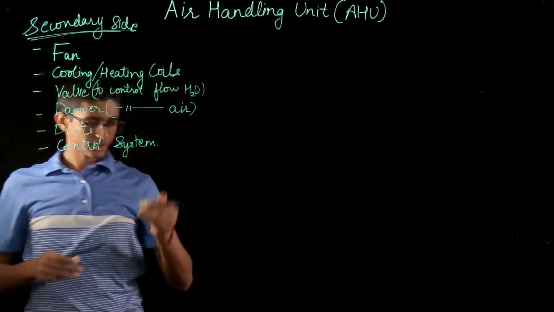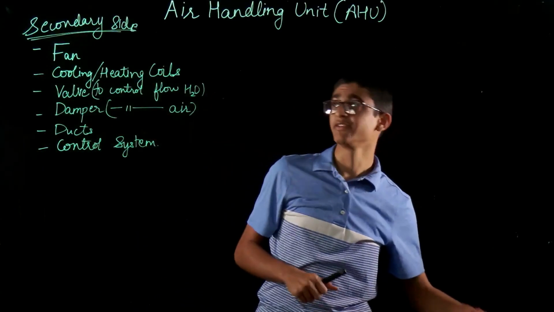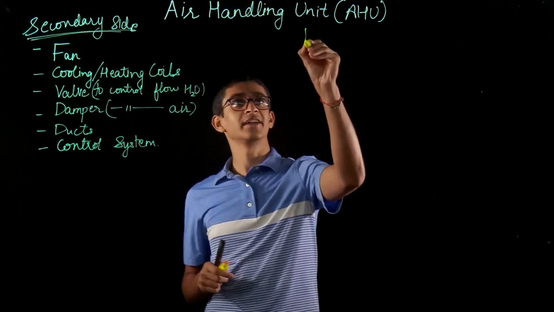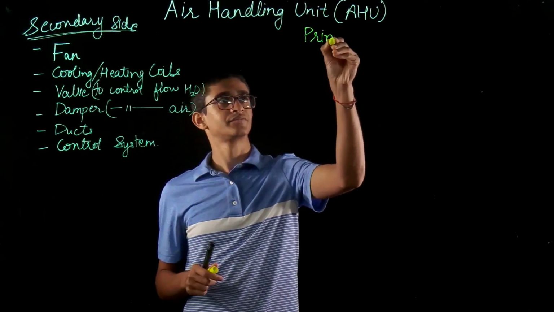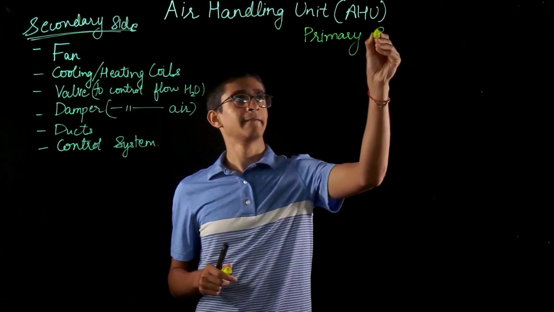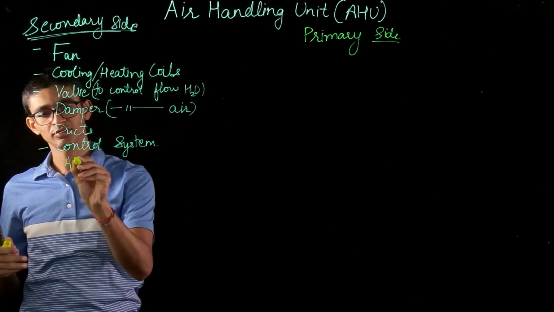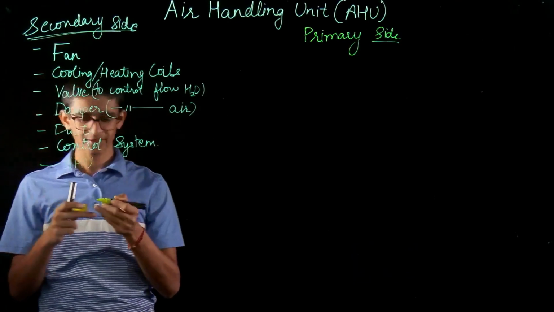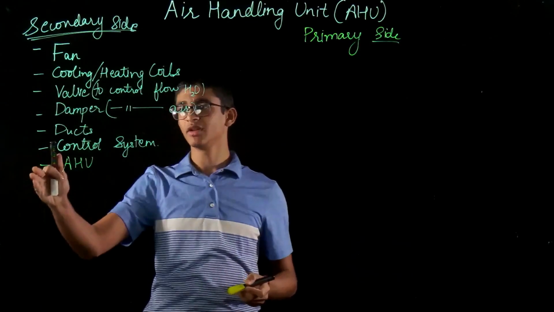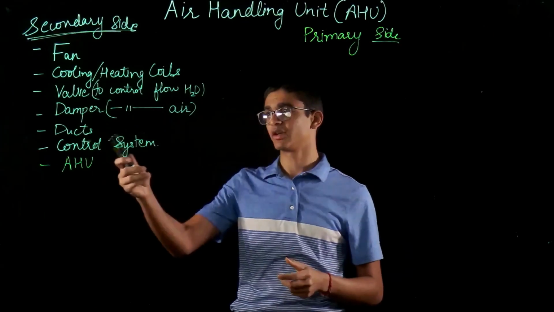So this is very important. We should have a complete understanding first of what the primary side and secondary side are. The secondary side will have AHUs, the delivery system, in fact, which contains all these equipments or structures.